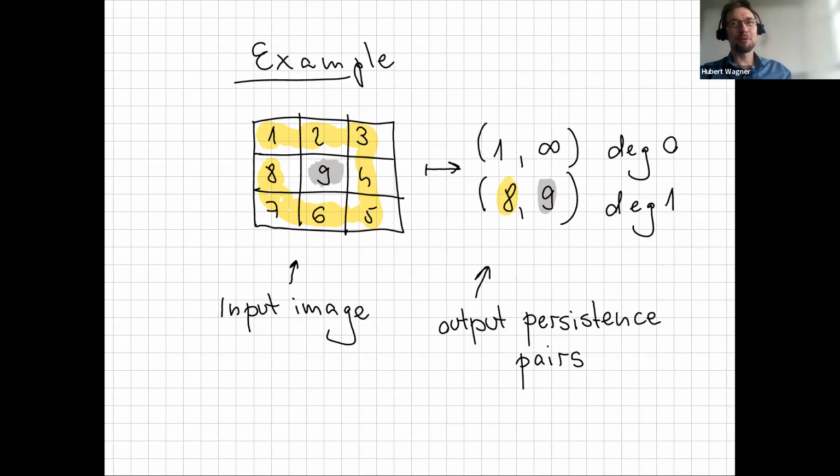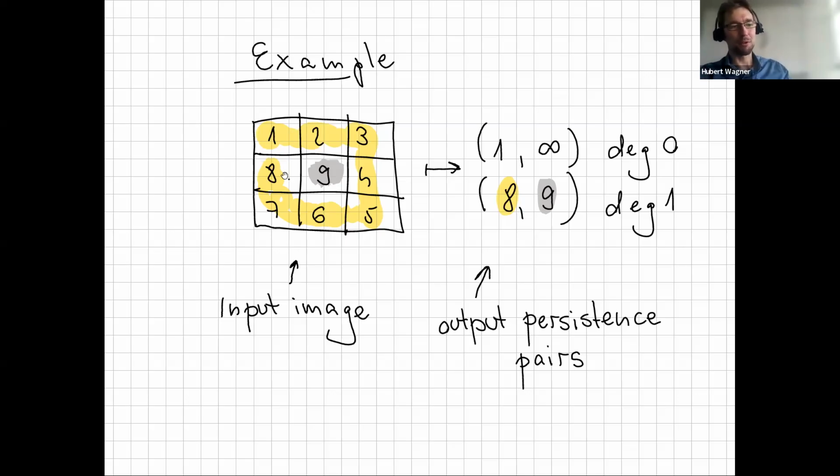An example of persistent homology on a very simple image. This is my 3x3 image, just so that we're on the same page. When we add the first pixel, it starts a connected component which lives on forever. Other than this, nothing is changing until we add this pixel with value 8, in which case we have created a one-dimensional cycle.